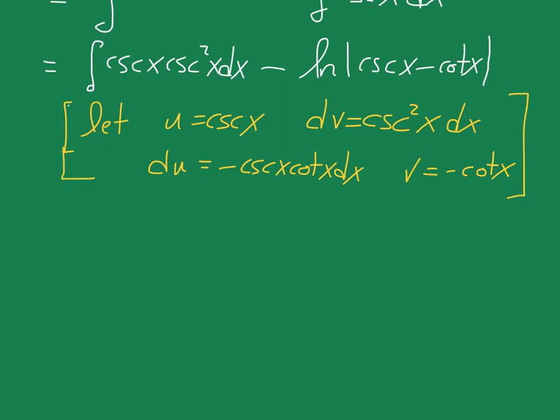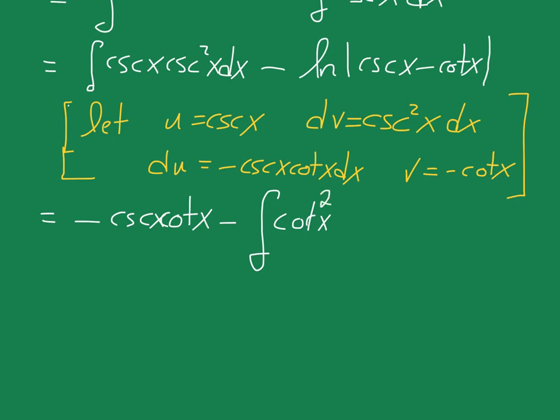Now, our integral is equal to uv, which is equal to minus cosecant x cotan x minus the integral of v du. Notice that we have two negatives here, our v and our du, so that just gives us a positive, and v is cotan x, and cotan x, and then du is cosecant x cotan x.